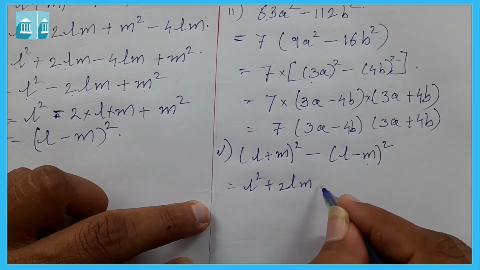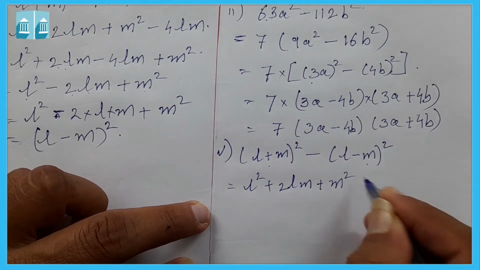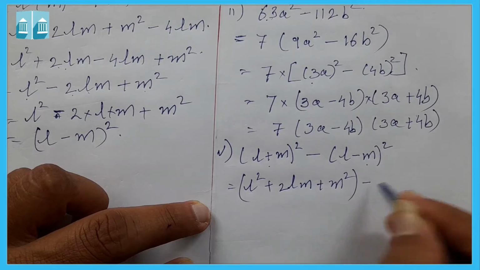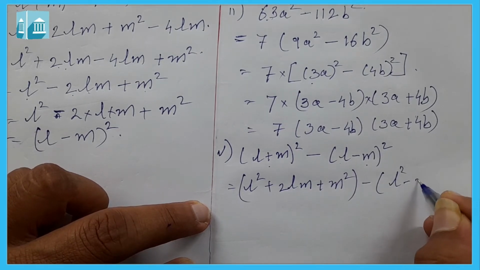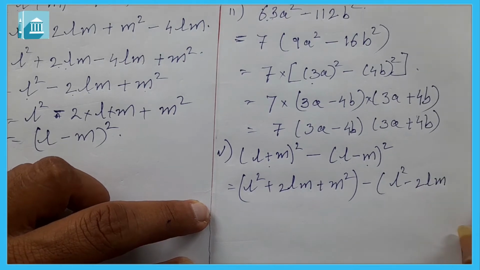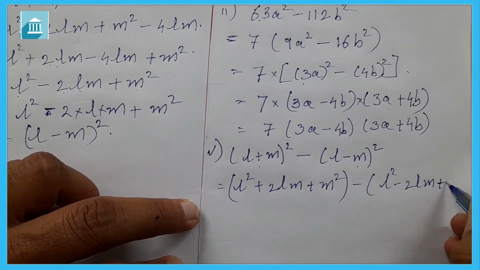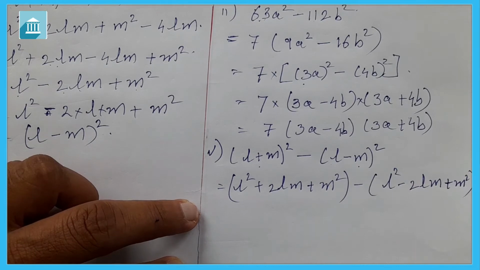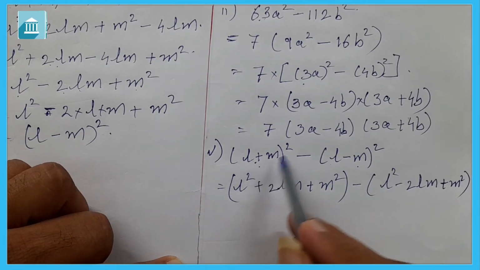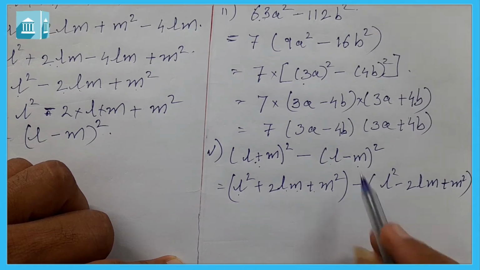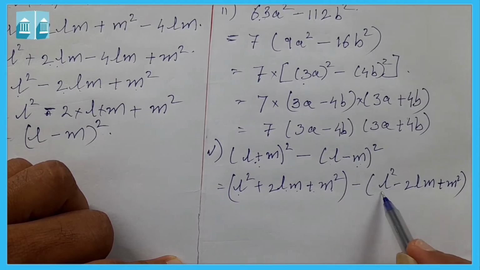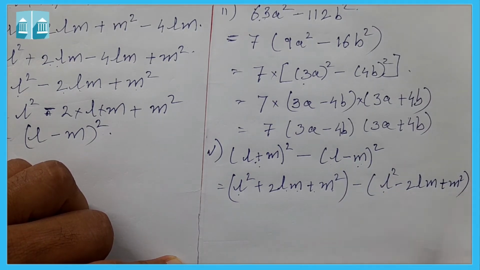The first is l square plus 2lm plus m square, minus l square minus 2lm plus m square. That is a plus b whole square, l square plus 2lm plus m square, minus a minus b whole square, that is l square minus 2lm plus m square.